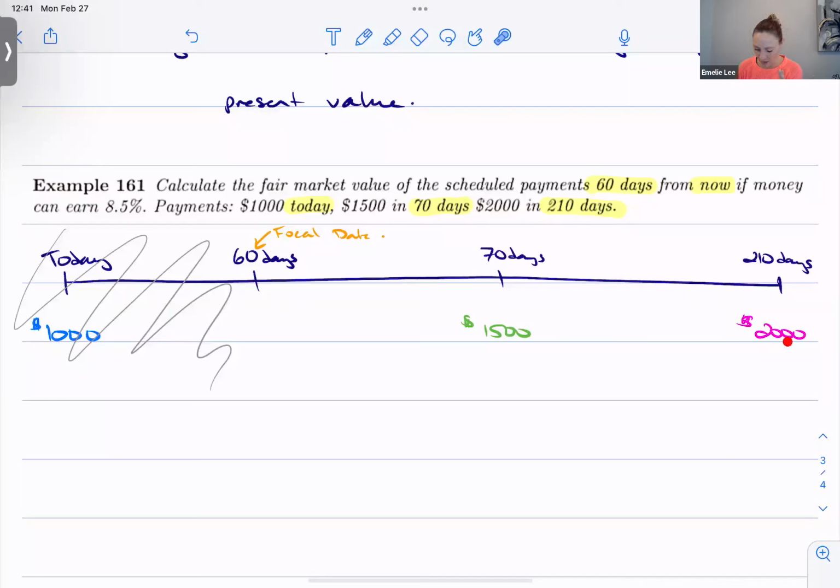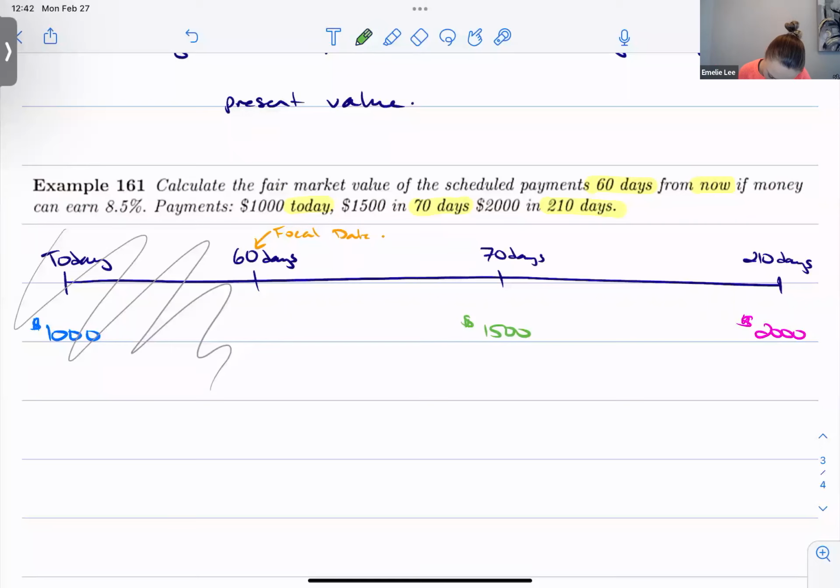I like to take my fingers and draw my arrows with my fingers, because then I can kind of visualize it. These payments are future values and I want to draw them back and solve for the present value.